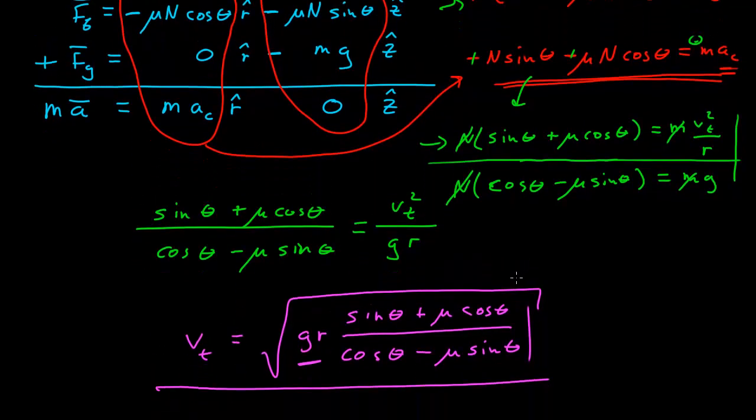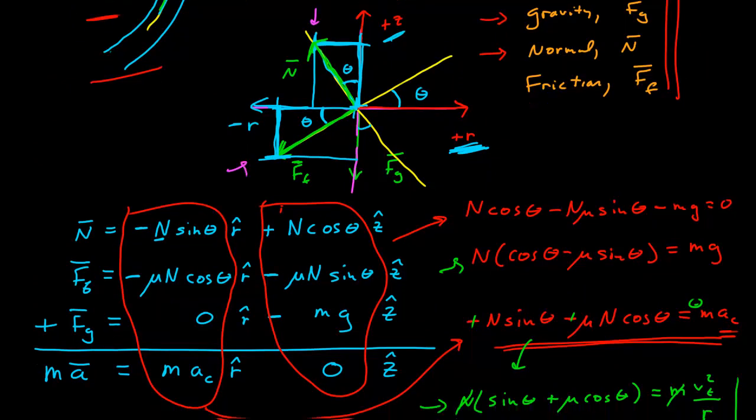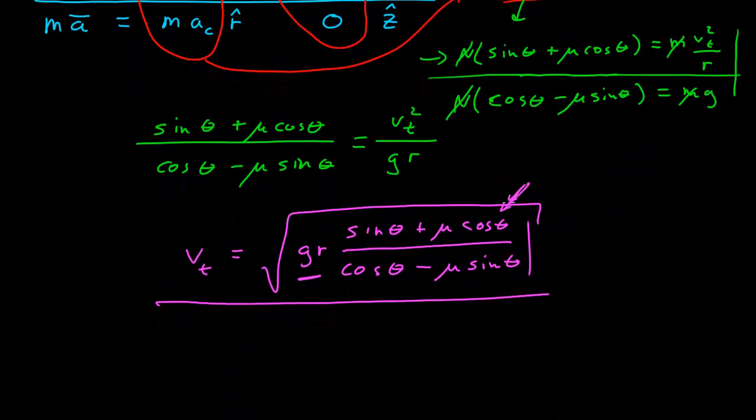Both of these terms, sine theta plus mu cos theta, are the components of the normal force as well as the force due to friction, which are both helping keep me on the circle.